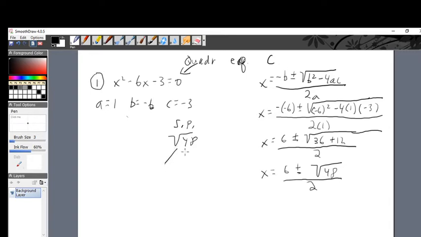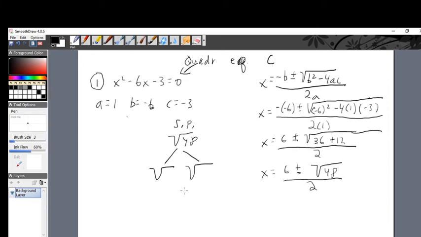What we do is we're looking for, remember the list, 4, 9, 16, 25, 36, 49, 64, 81. What's the highest number that's a factor of 48 that we can use which will be a perfect square?